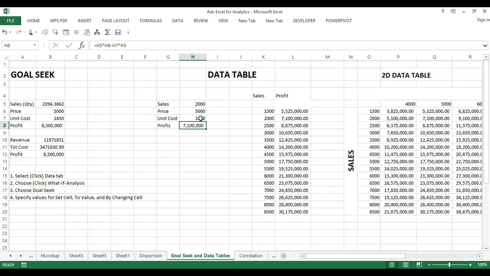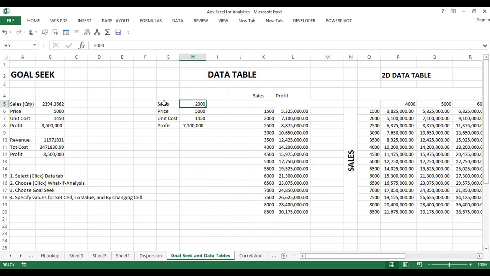Then for unit cost, sometimes it might not be very easy to reduce the unit costs further without compromising quality. So sometimes that may not be easy. Okay, so let's assume we want to try to increase this profit by changing the sales.